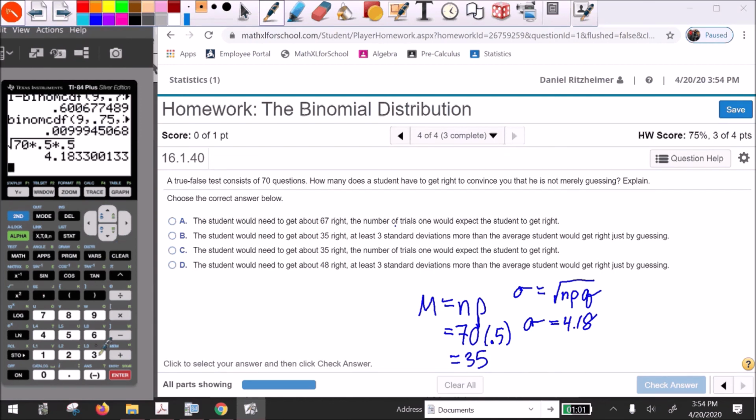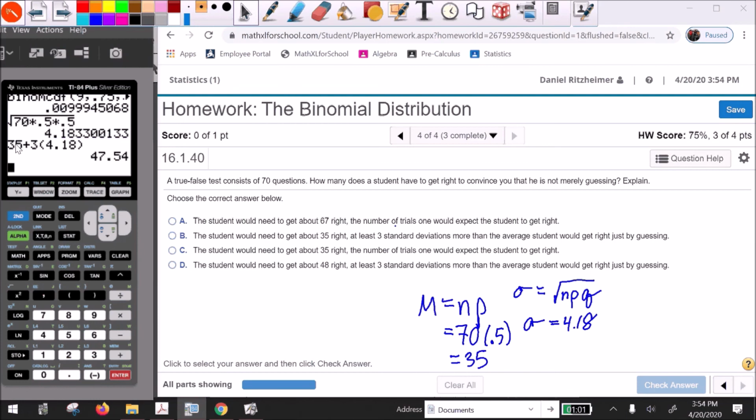So we're going to take our mean, 35, and we're going to add 3 standard deviations above the mean. And that brings us up to 47.54.